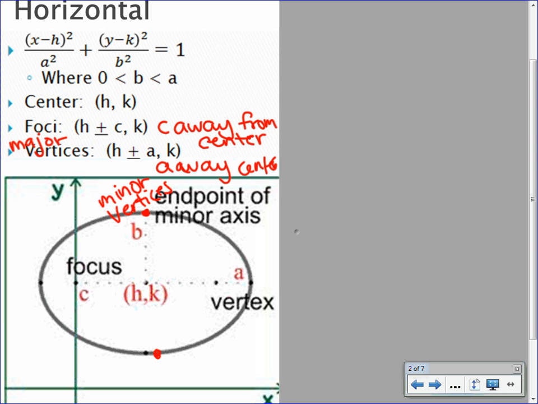I'm going to have you give me both, because you're going to need all four of those to plot our ellipse. But I want you to tell me which ones are the major vertices, those are the important ones, and which ones are the minor vertices that give us our actual shape. Sorry, minor are going to be b away.